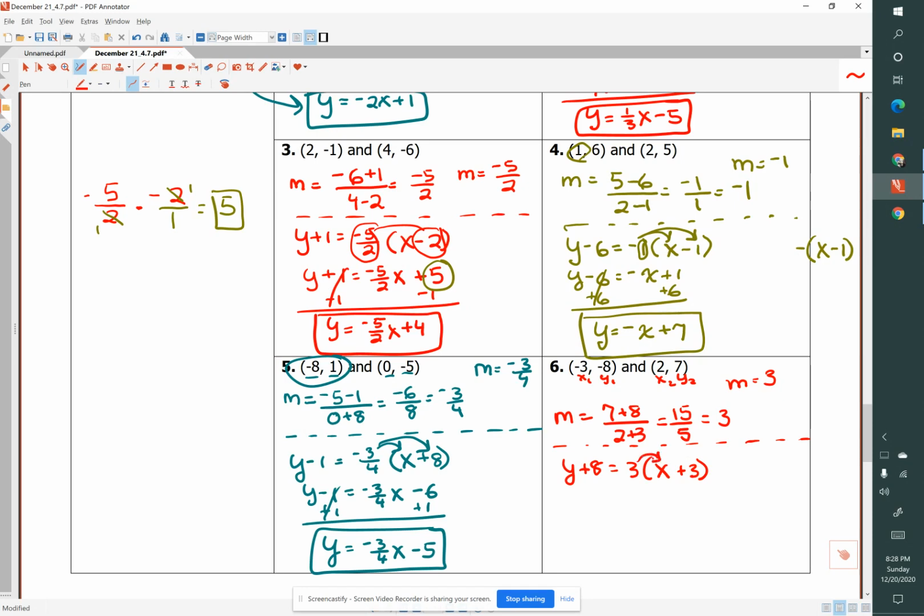We distribute. y plus 8 equals 3x plus 9. We subtract 8 from each side of the equation, and y equals 3x plus 1. Let's move on to the second page.